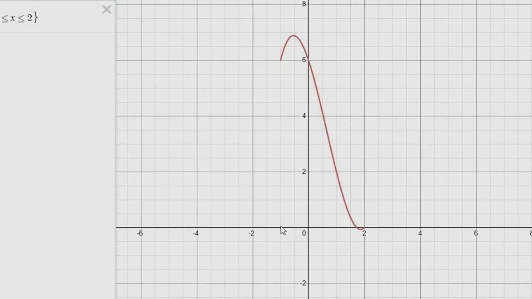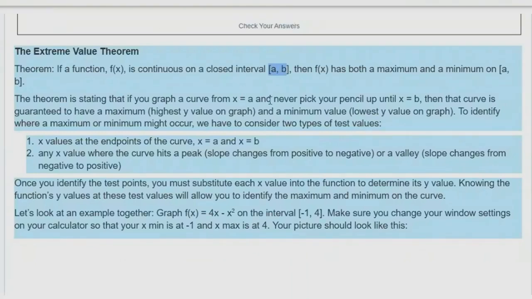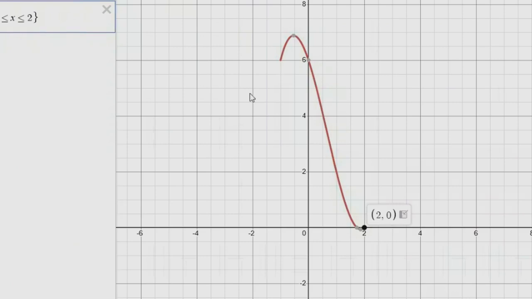Here's x = -1, and this end x is 2. Then f of x has a maximum and a minimum somewhere between -1 and 2. It has to. In this case, here's the maximum and there's the minimum. Somewhere between those points, there has to be a maximum and a minimum.